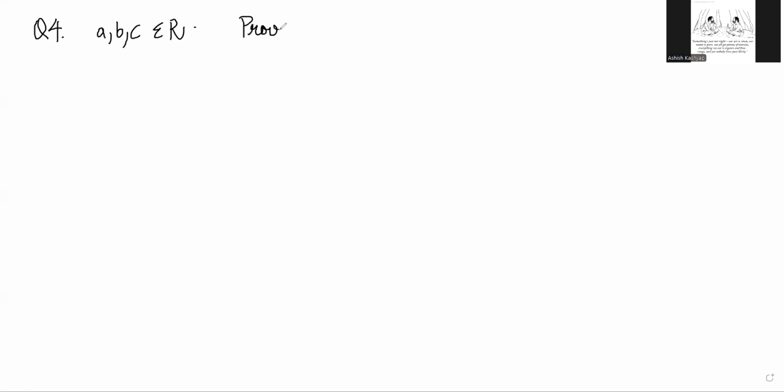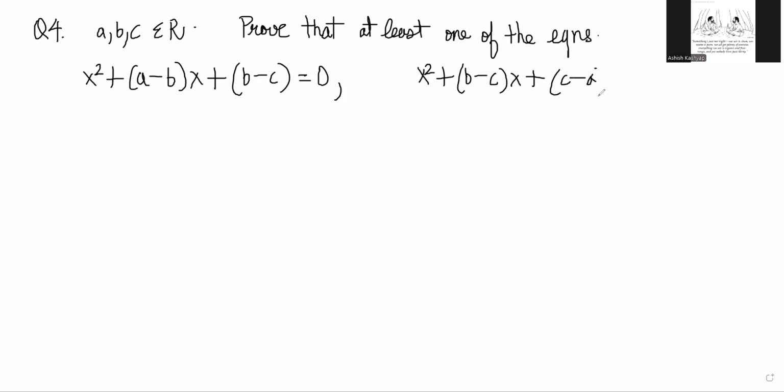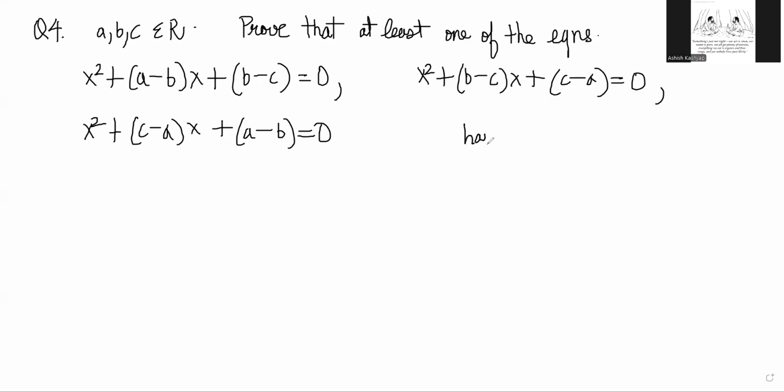Prove that at least one of the equations x square plus (a minus b)x plus (b minus c) equals 0, x square plus (b minus c)x plus (c minus a) equals 0, and x square plus (c minus a)x plus (a minus b) equals 0 has a real root.